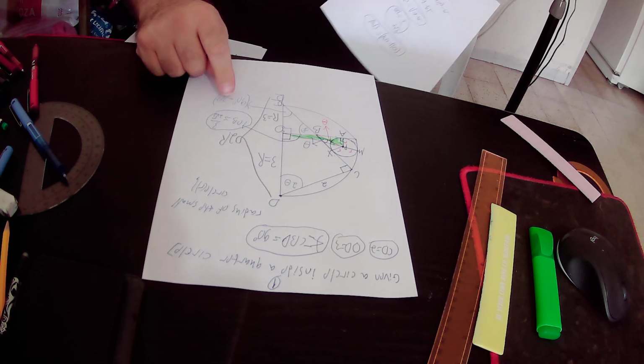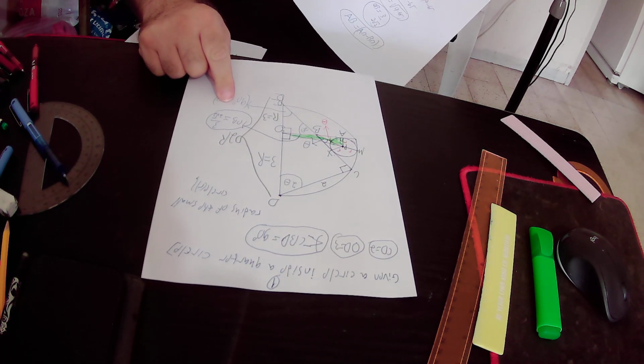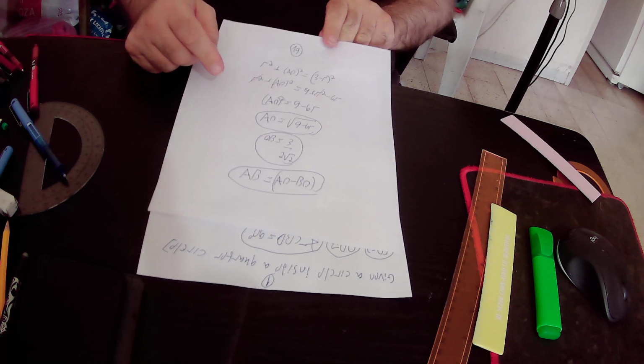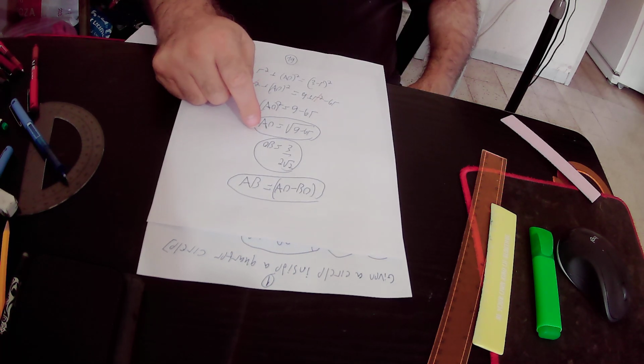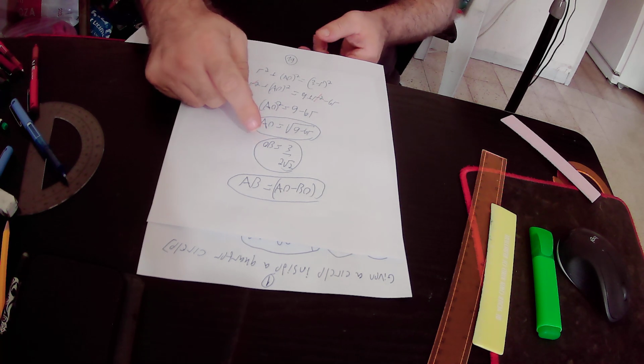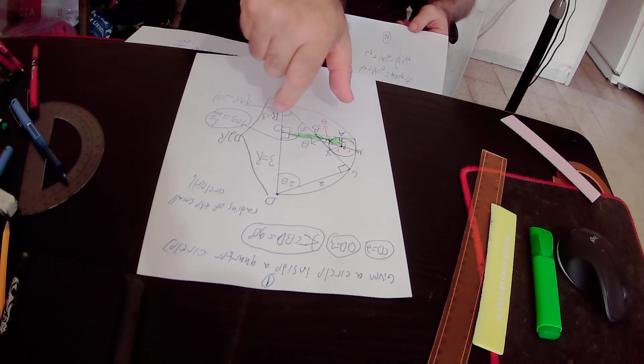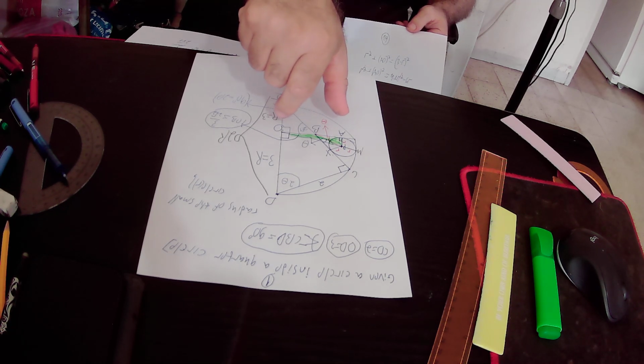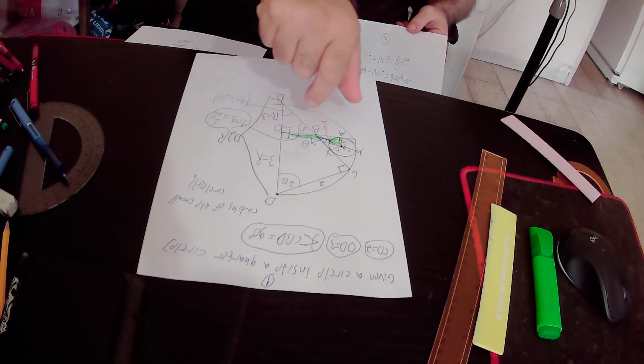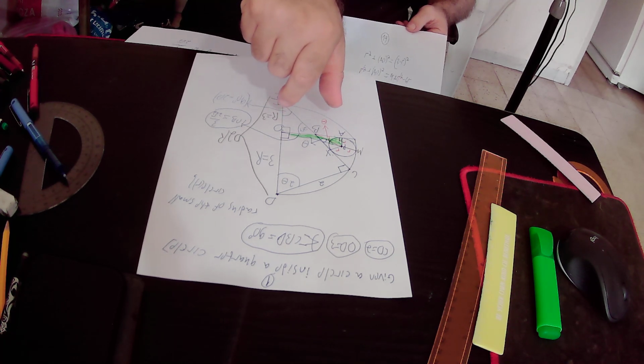And we have already found that OB equals 3 over 2 times root 2. We have the value of OA and the value of OB, and AB equals OA minus OB, or BO, it is the same. Again, AB equals AO minus BO.